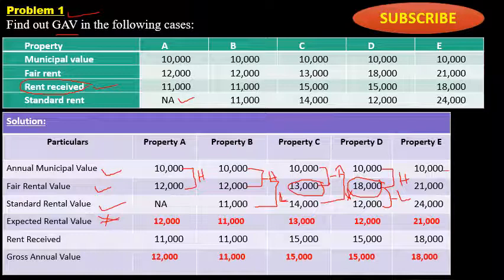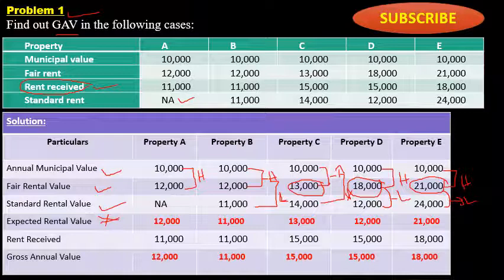And property E, 10,000 or 21,000, whichever is the highest: 21,000. Then 21,000 or 24,000, whichever is lowest: 21,000. So these are the expected rental values of properties A, B, C, D and E.